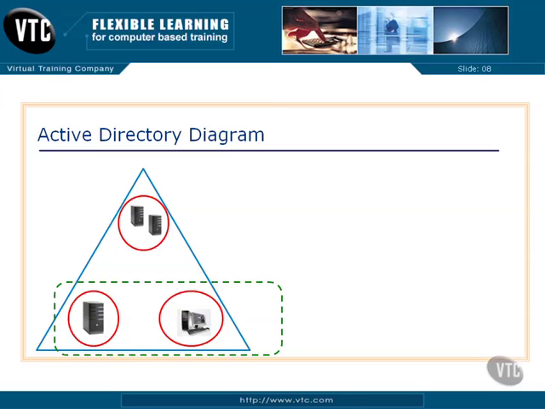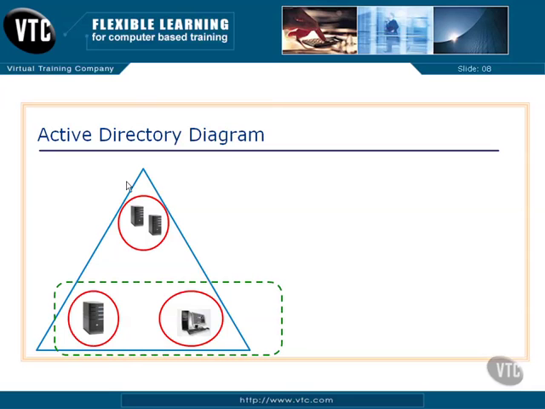When we add sites, this has to do with the underlying network that connects all these devices together. Generally, if I don't create a site or change it, then my entire domain encompasses one site.